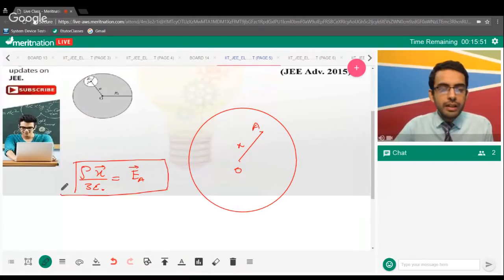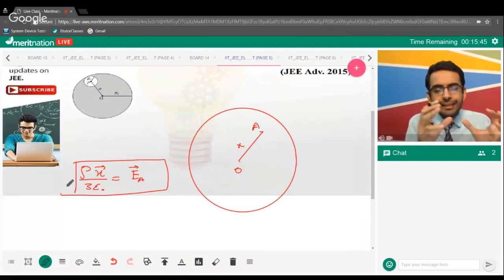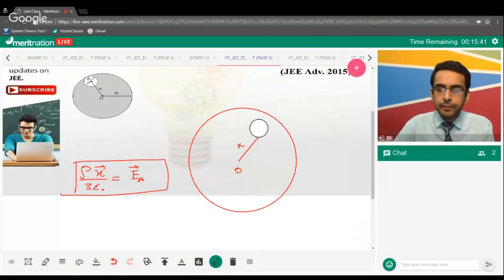Now, this is what we're talking about for a complete solid sphere. But when this point A is lying inside a cavity, what to do in that case? Suppose we are going to find the electric field because of the charge in the cavity.